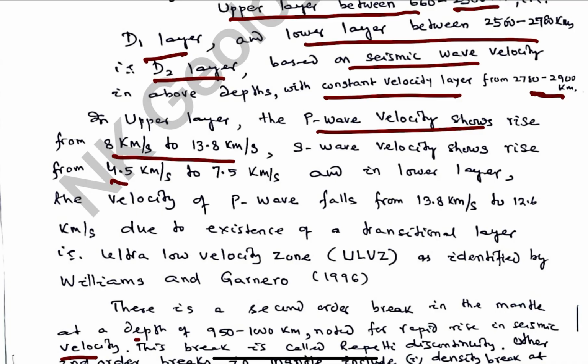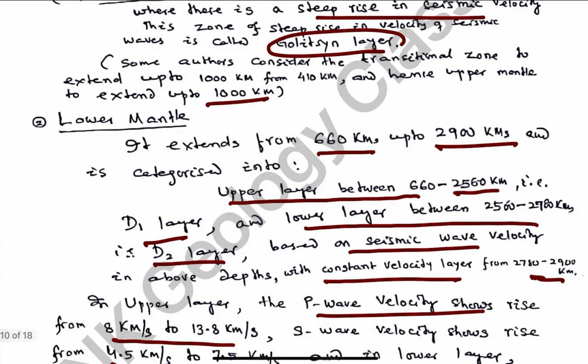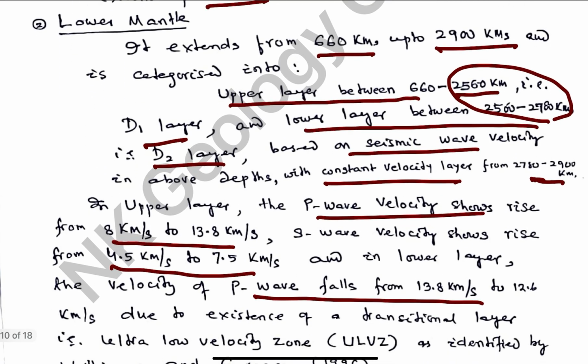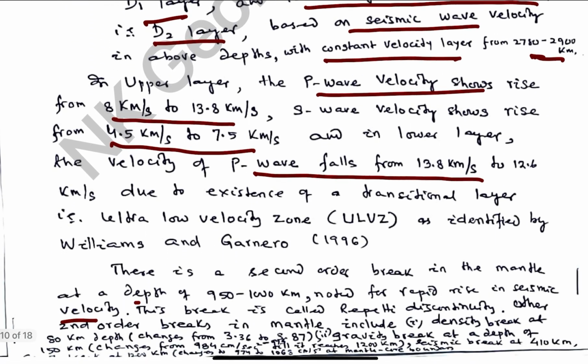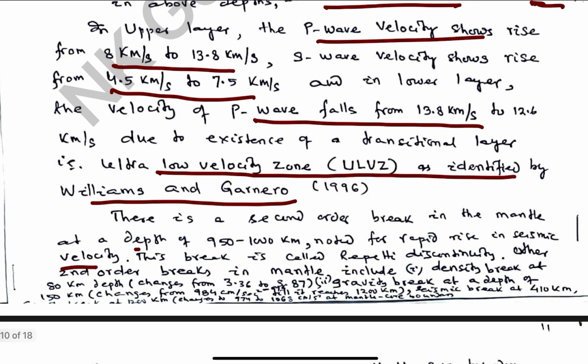S wave goes from 4.5 km to 7.5 km per second in the lower layers, and the velocity of the P wave falls from 13.8 to 12 km per second in the zone from 2560 kilometers to 2780 kilometers, which is the D2 layer. This D2 layer, known as the ultra low velocity zone, was identified by Williams and Garnero in 1996.